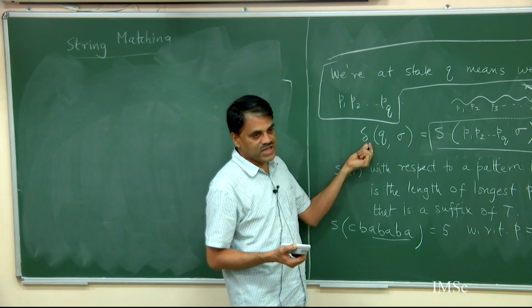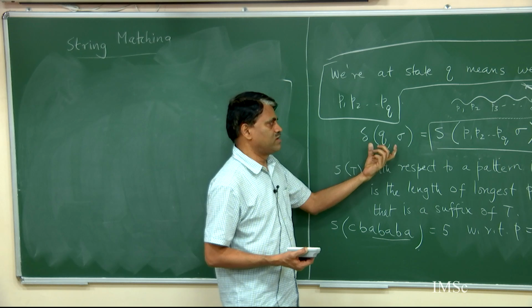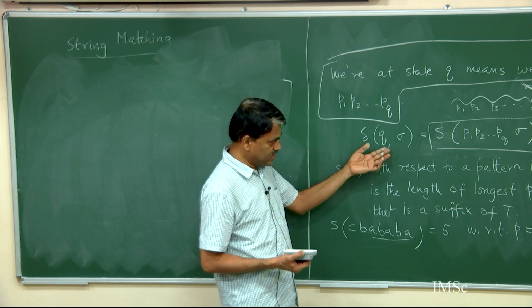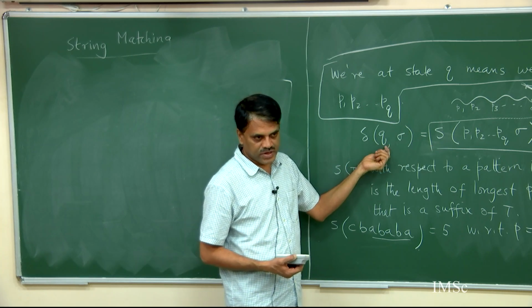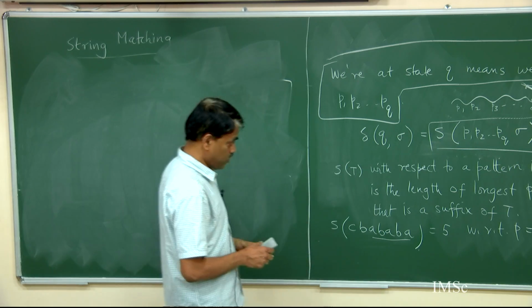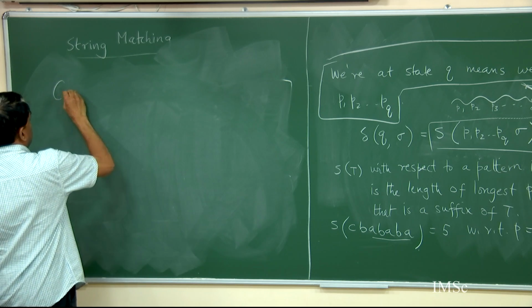There are m plus 1 states, and there is an alphabet sigma. So you multiply m plus 1 and capital sigma by the time to compute this for each particular sigma. Let us just see how I compute this very naively.